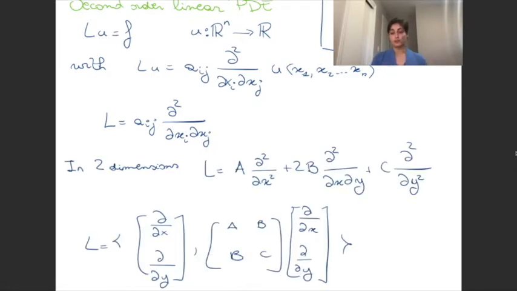In 2 dimensions, we only have 3 terms, so we can represent L as the inner product of the vector delta over delta x, delta over delta y, and a matrix A, B, B, C times the same vector delta over delta x, delta over delta y.